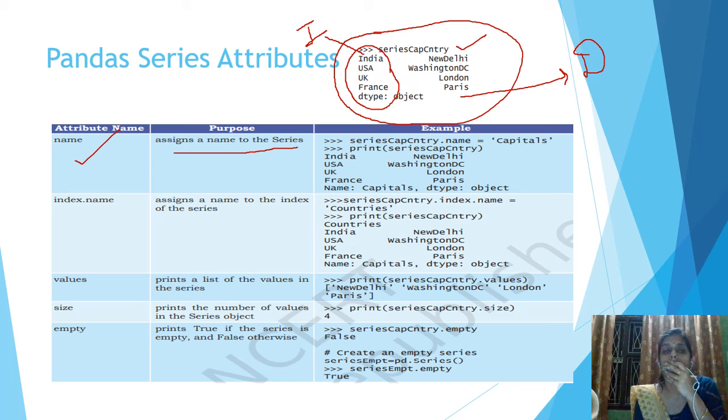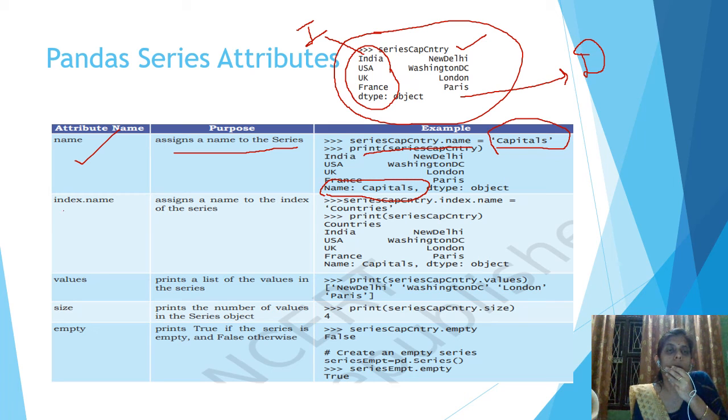We directly apply the attribute using the dot. So series cap country dot name is equal to capital. So capital is the name of the series in memory, and it will be shown to us whenever we print the series. Whenever we print series cap country, then in the last line in front of dtype, the name capital will be shown in our program.